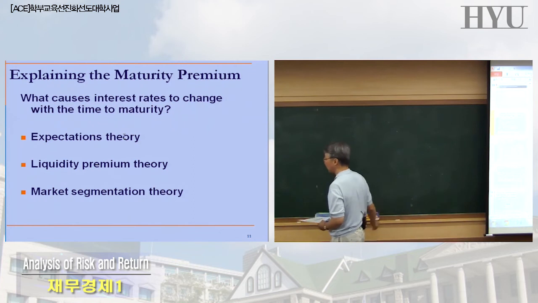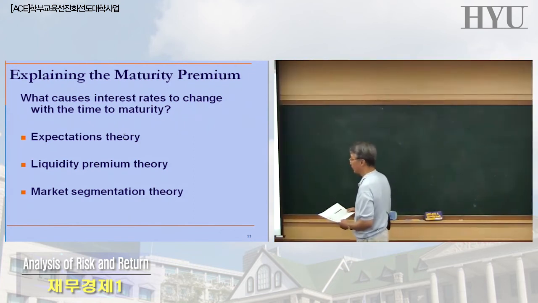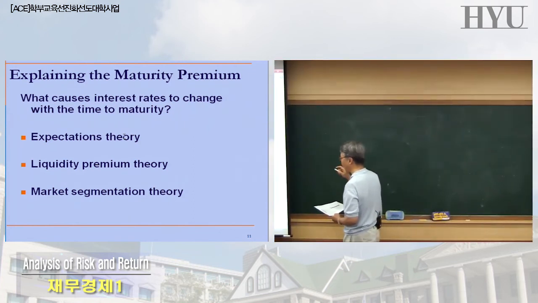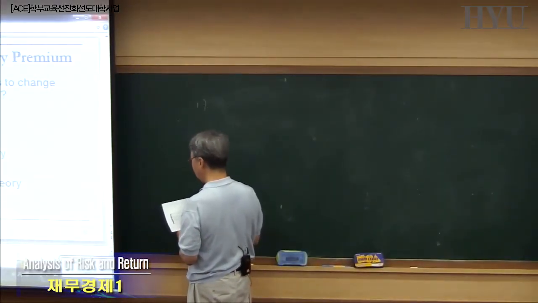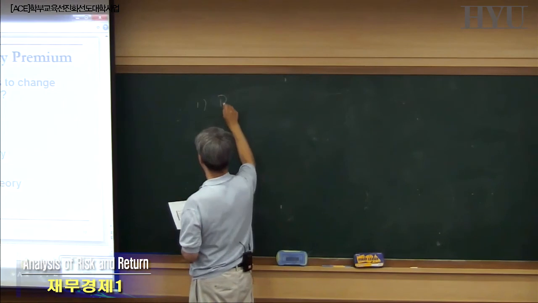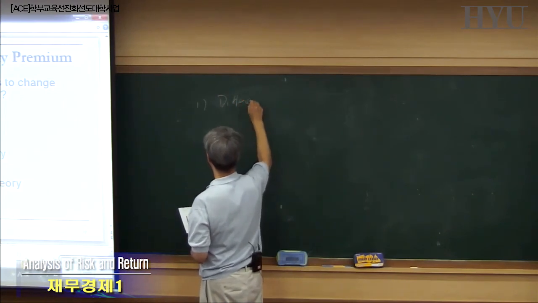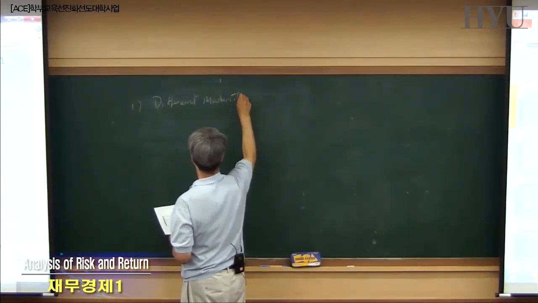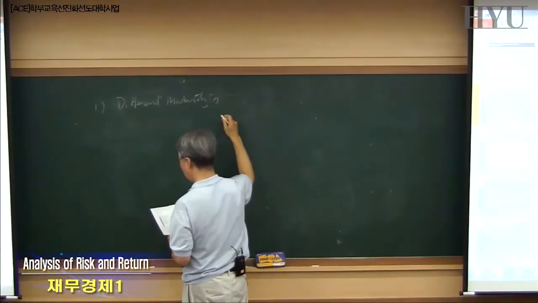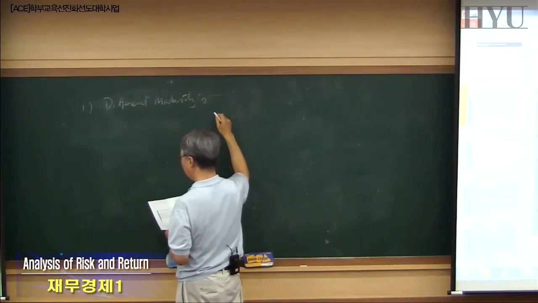First theory is expectation theory. And what that says is different maturity is associated with different interest risk.